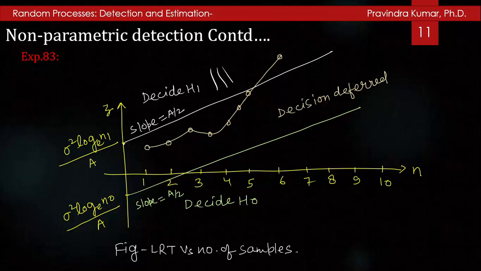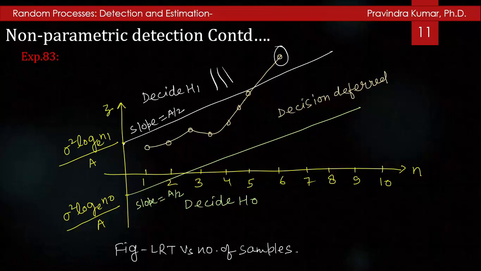The outcome of the SPRT versus the number of samples considered is shown in this figure, where we have taken the cases n equal to 1 to 6. When the decision is deferred, another sample is required. Here you can see for n equal to 1, 2, 3, 4, 5, neither of the thresholds is crossed, and when n is equal to 6, the upper threshold is crossed.